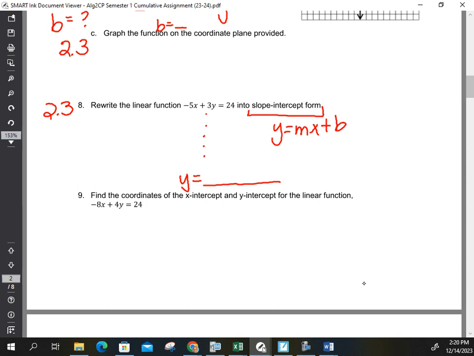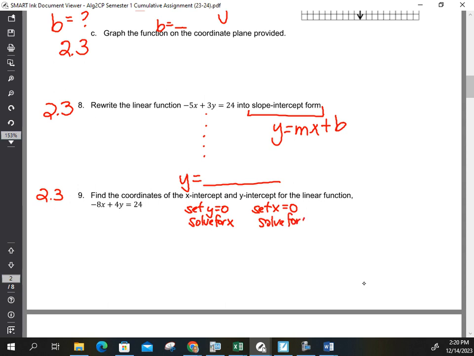Problem 9, that's a section 2.3 problem. X-intercept. So to find the x-intercept, you set y equal to 0. Solve for x. To find the y-intercept, set x equal to 0.